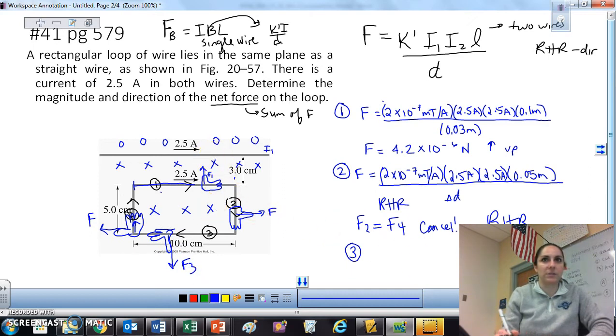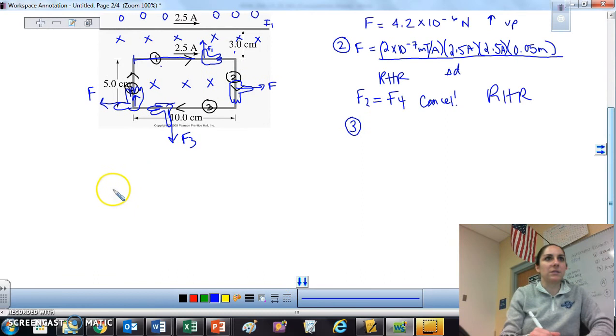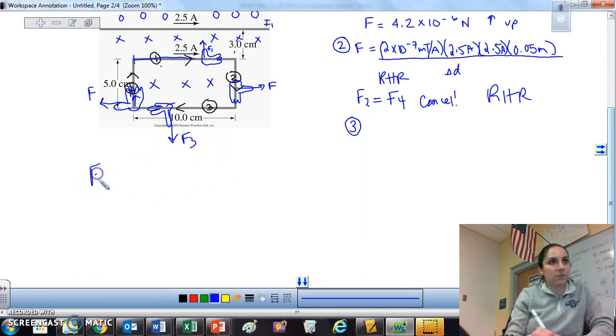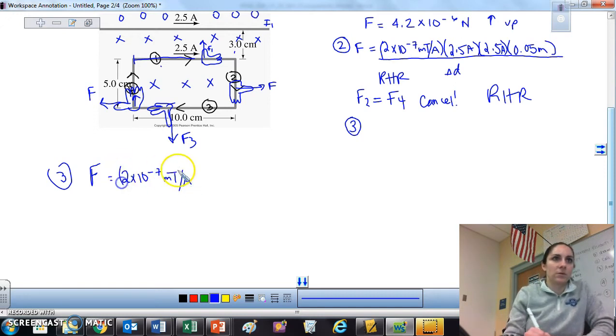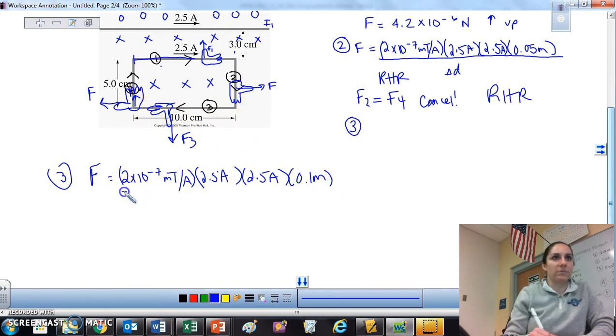What that means is my force 3 is going to be K prime times current 1, which we said was the top one, times current 2, which happens to be the same, times the length of the wire, which is still 10 centimeters, all divided by the distance.